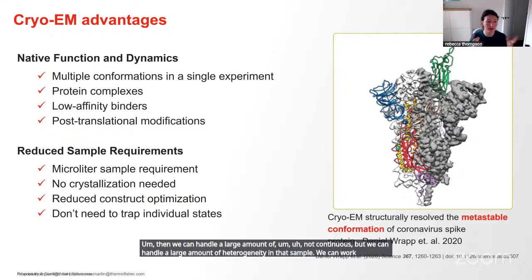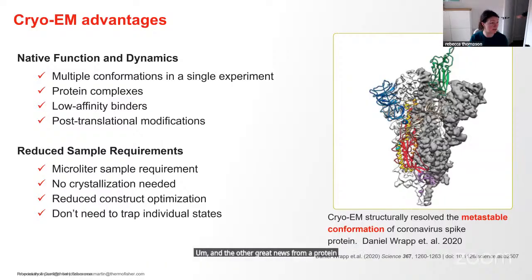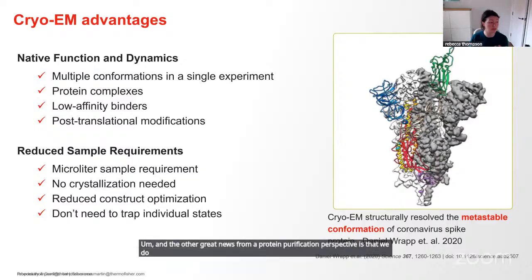We can work with samples which might have different factors bound, post-translational modifications, all of this complexity, which is actually interesting from a biological question perspective. We can actually examine this and study this using cryo electron microscopy. And the other great news from a protein purification perspective is that we do also need much less protein in terms of volume and concentration.